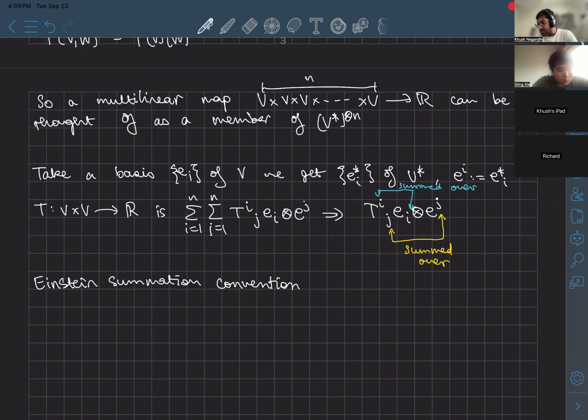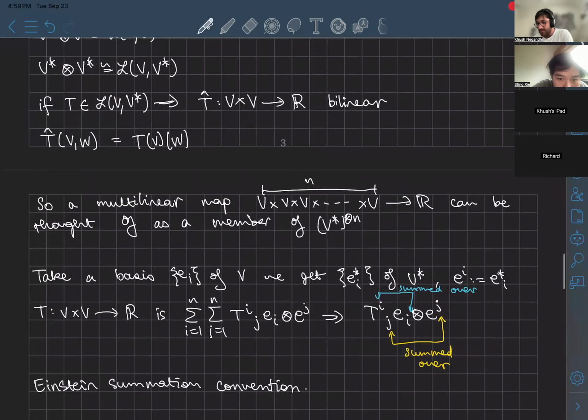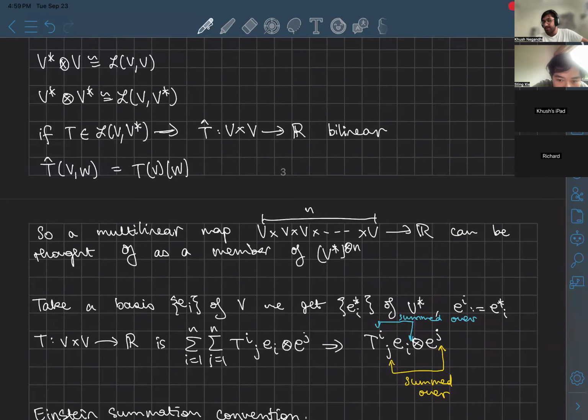From now on, I will use Einstein summation convention, and I'll let you know when I'm not using it. Are there any questions?